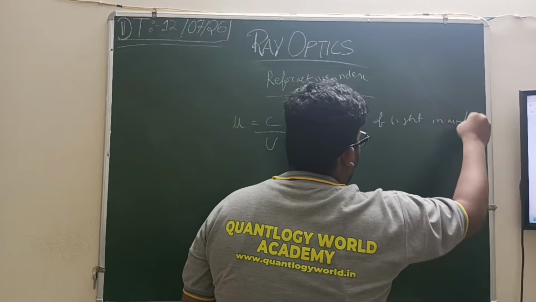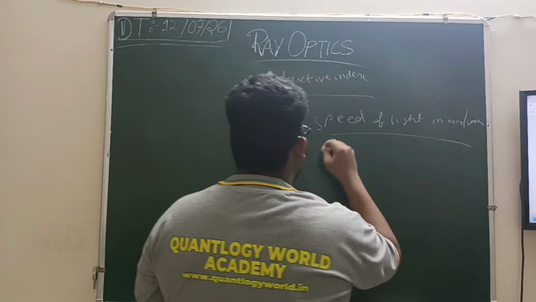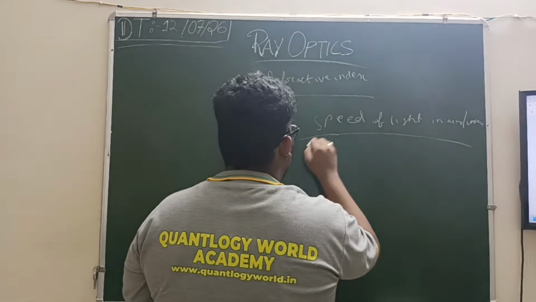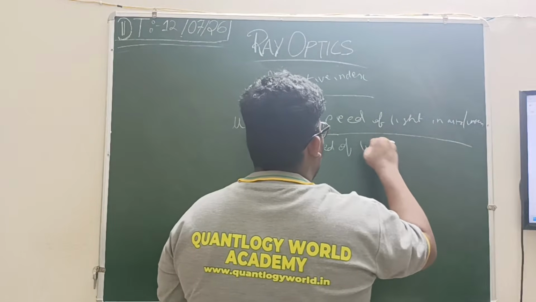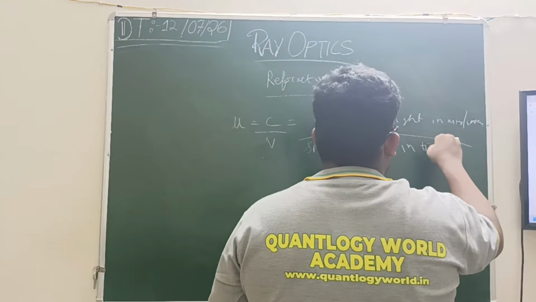Speed of light in air, vacuum. What is V? V is the speed of light in the medium, in any transparent medium.